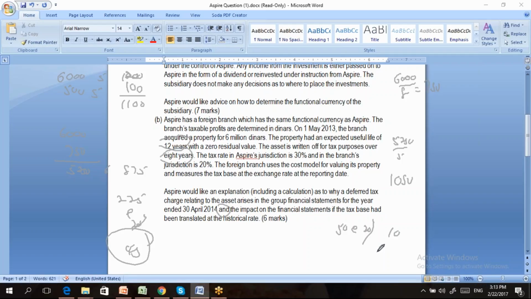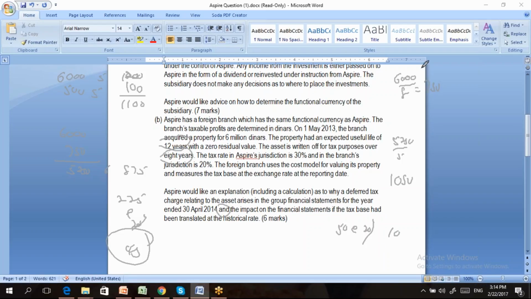And it's only 6 marks, so 9 to 10 minutes most likely. You have to take a couple of points and do it. But I didn't find too much terror in that question, because if you can frame the picture, if you know IAS 21, you should be able to work out the second part even faster than the first part.